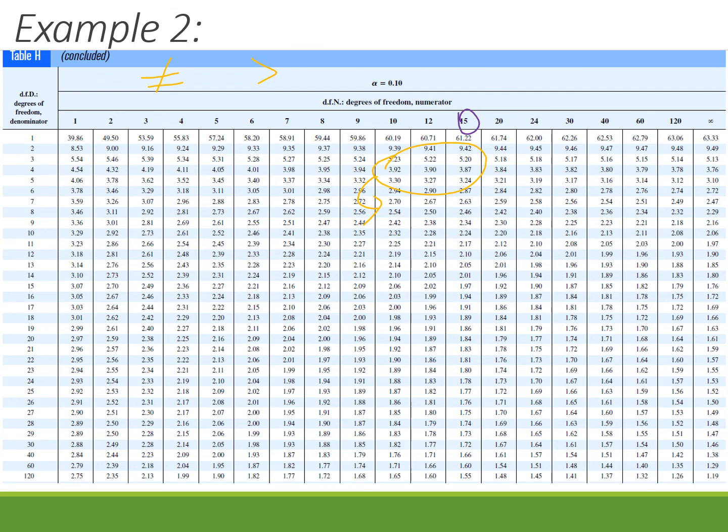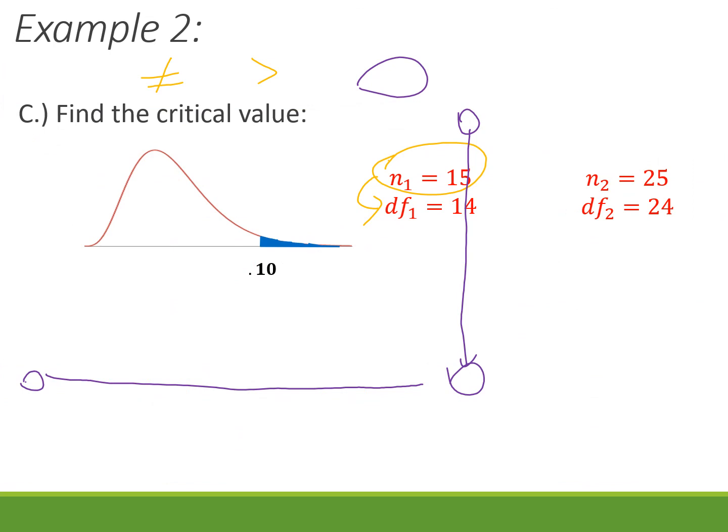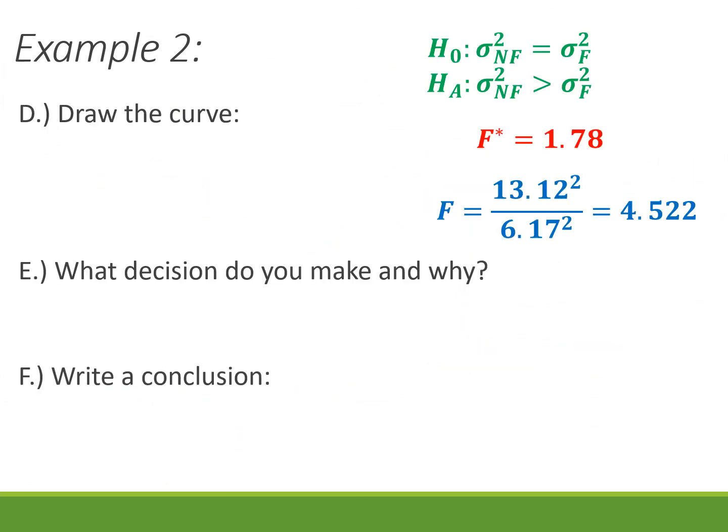And then we had 24 for our second degrees of freedom. That's this one over here. We're going to go over until they intersect, and they intersect at 1.78. Also, just as a note, I'm on the page that says our alpha level is 10%. So our critical value, 1.78.